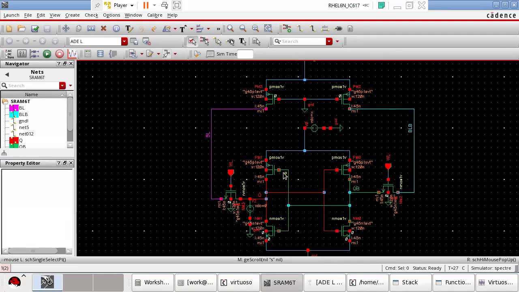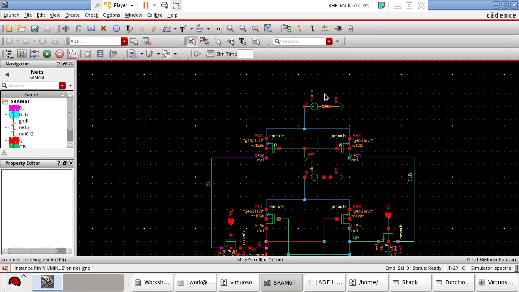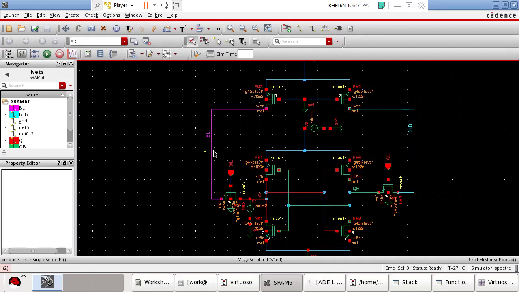In this path, you will see that the BL is high. BL is high because of this VDD equal to X, and this is a short circuit.